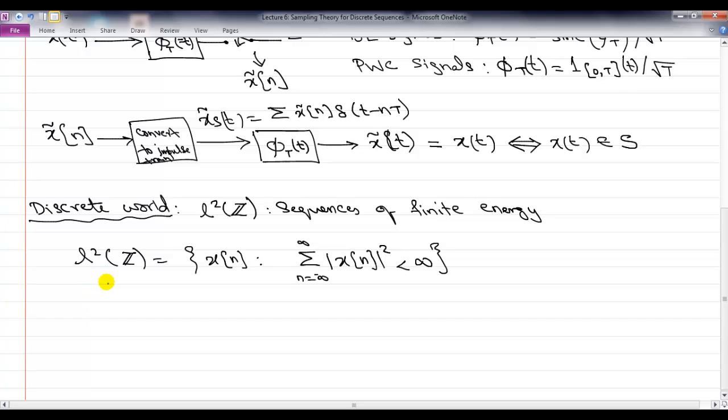Now, our goal in here is that we are given sequences which are already discrete. These are discrete sequences, and we want to talk about sampling of these sequences.